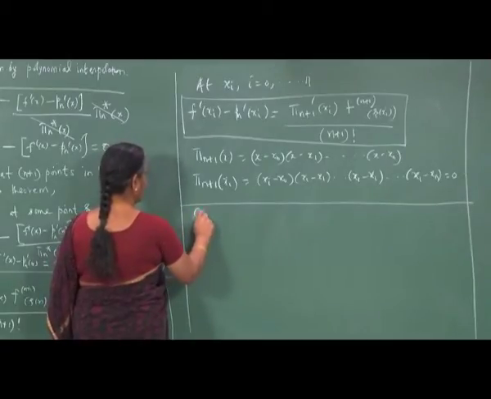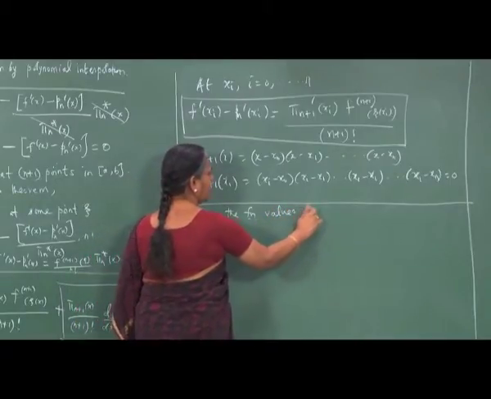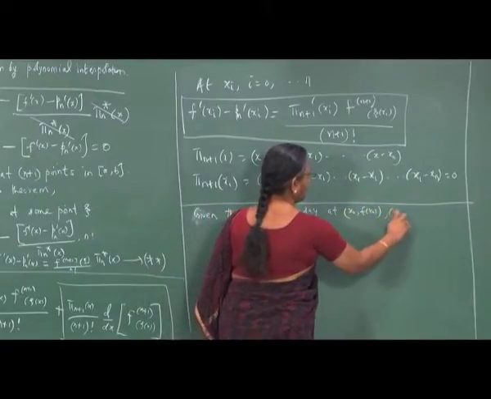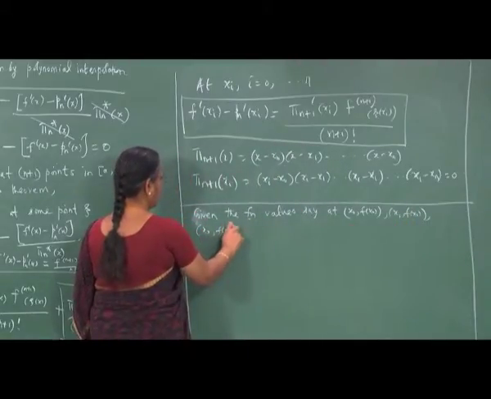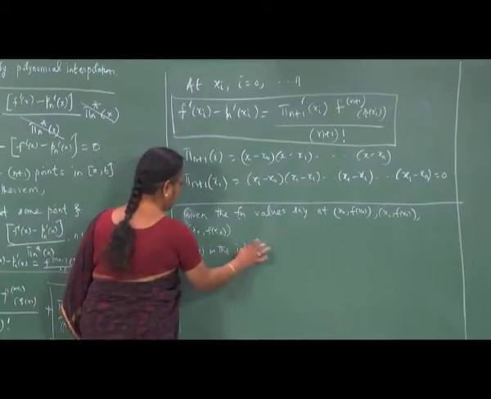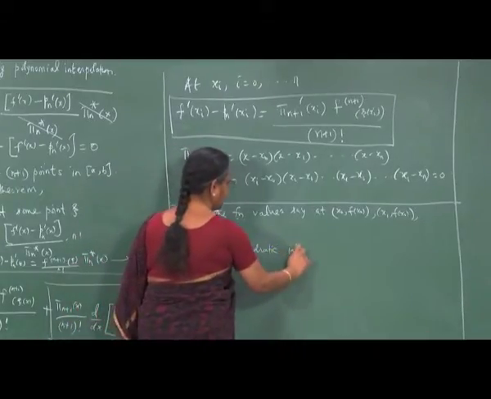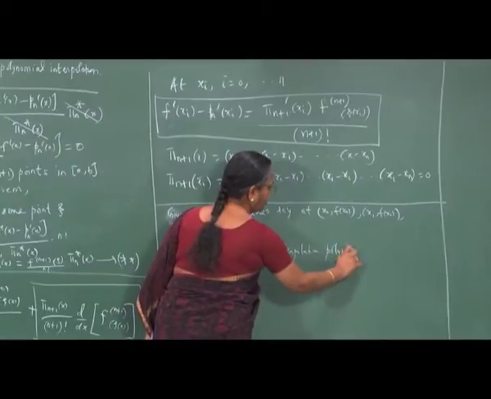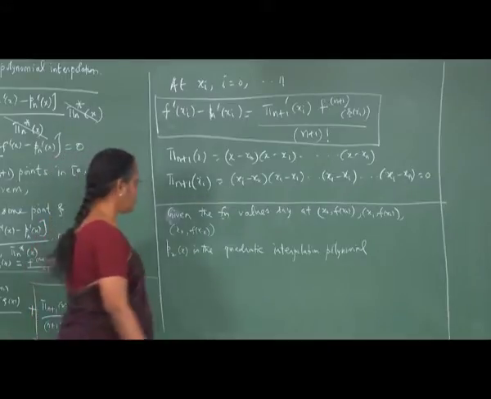Given the function values, say, at x0, f of x0, x1, f of x1, x2, f of x2, P2 of x is the interpolating polynomial, which is the quadratic interpolating polynomial that interpolates the function at the set of points x0, x1, x2.